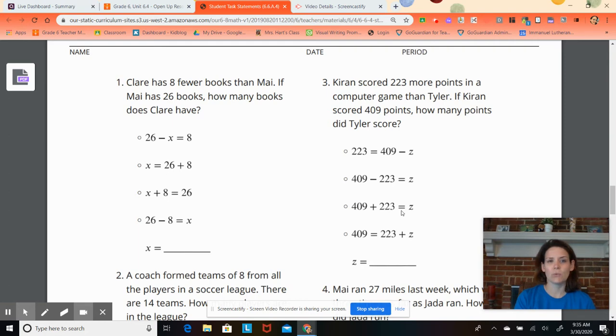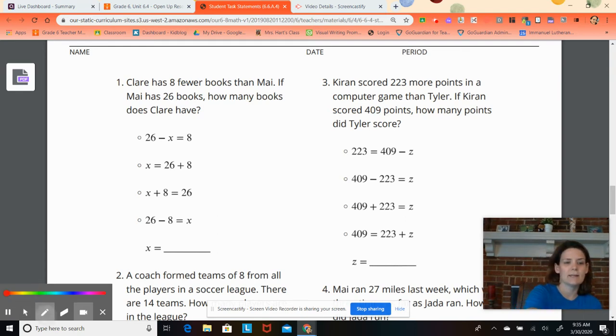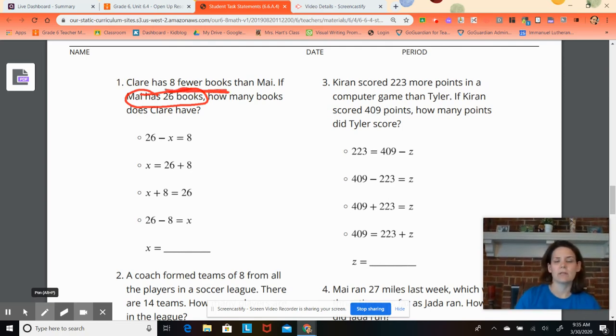If Mai has 26 books, how many books does Clare have? So reading this again, I can see that Mai has 26 books and Clare has 8 fewer books. Okay, so those are my quantities. It looks like I'm going to be trying to figure out how many books Clare has.